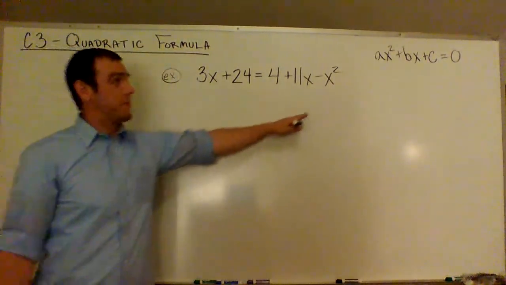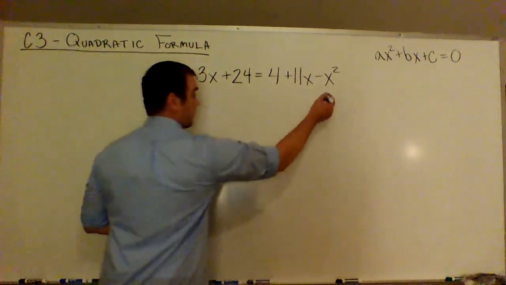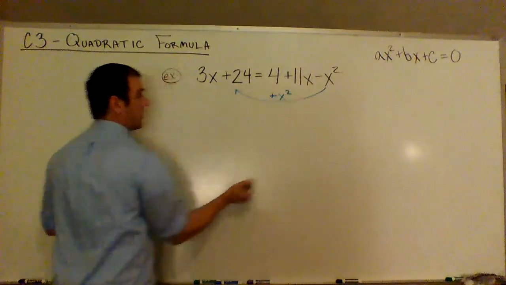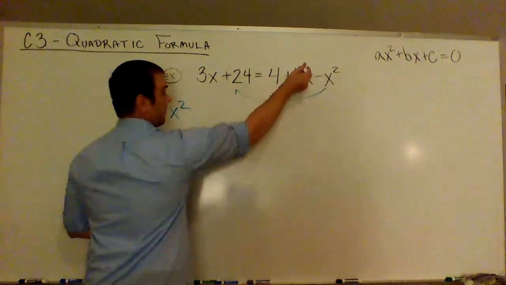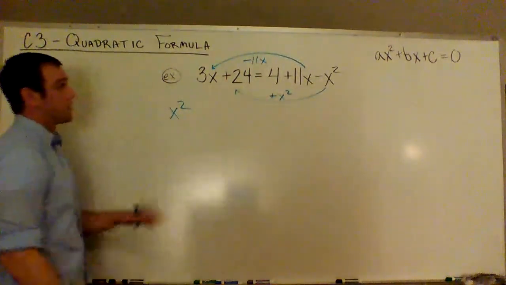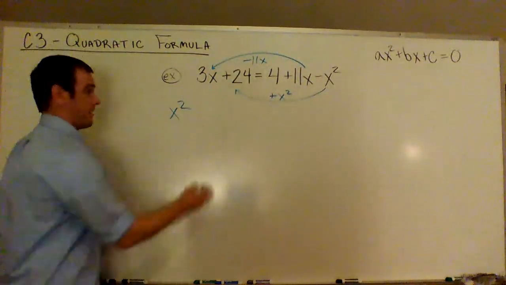Okay, so I'm going to move everything over to the left side. So I'm going to move this over by adding x squared. So I've got x squared. I'm going to move this guy over by subtracting 11x. 3x minus 11x is negative 8x.